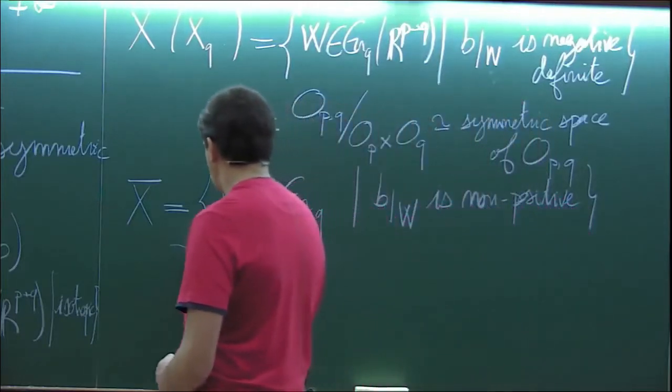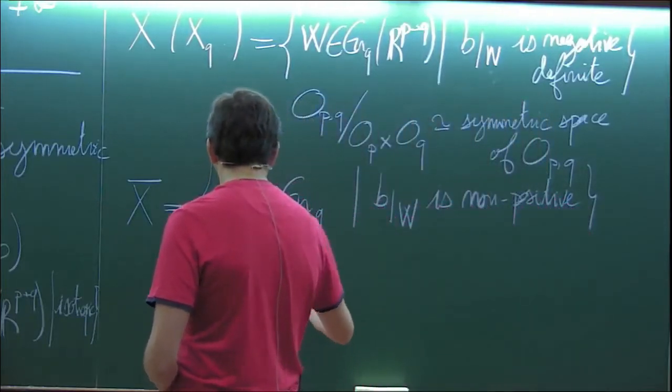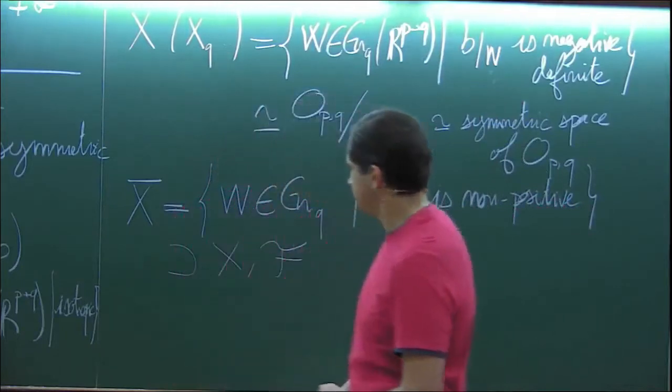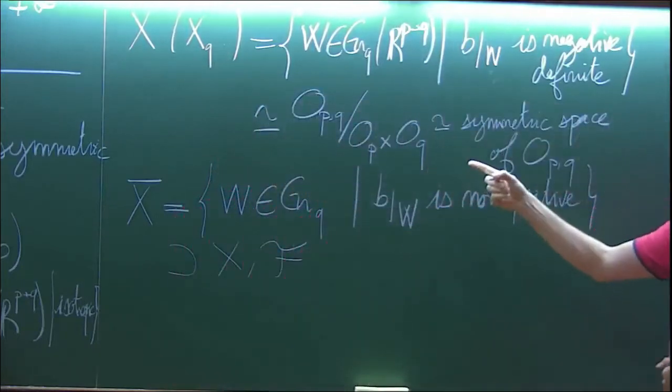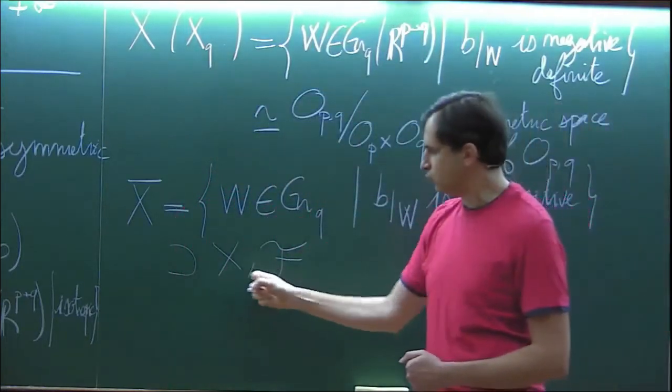So this contains X, this contains F, and this has a natural O(P,Q) action, and those are two orbits.